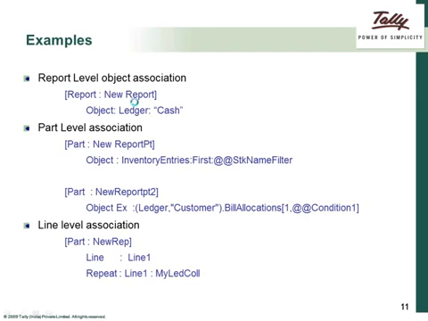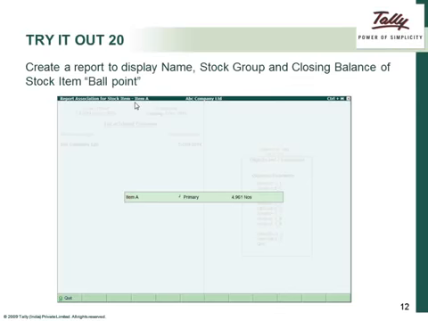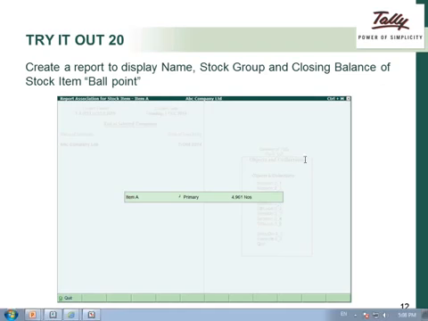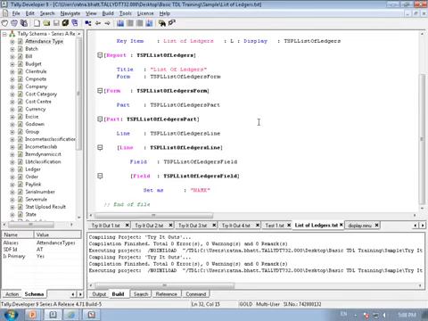Right. So this is how our try it out report will look. This report says create a report displaying the name, stock group and closing balance of stock item ballpoint, which means I just need one single object. So I'll go back to my report.